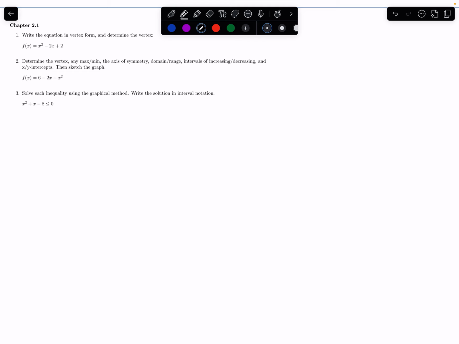So I've got x squared plus x minus 8. Solving this inequality using graphical method. I have a quadratic, right? And it's an x squared term positive, which means it's a parabola opening up.